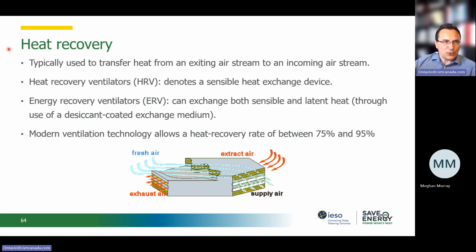So typically, we have exhaust air from the space that's conditioned. So it has heating during the heating season, it has cooling during the cooling season, and we can reuse that heat to reduce the amount of conditioning required for the fresh air. So we do that by using heat exchangers.